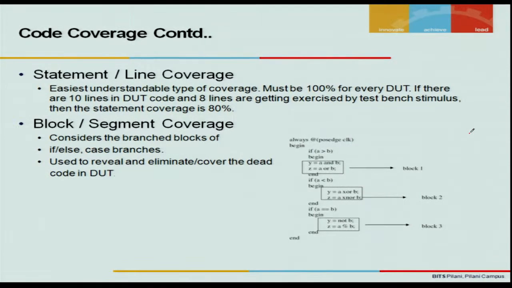So out of 10 lines, it has gone through only 8, and the other 2 lines it has not. After the analysis you need to find out why it has not covered these 2 lines, whether those are redundant or we need to do something else to cover them.